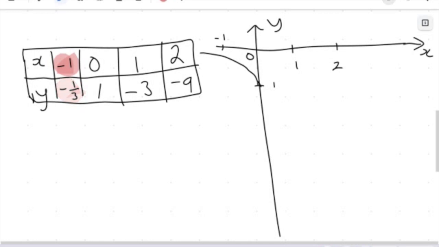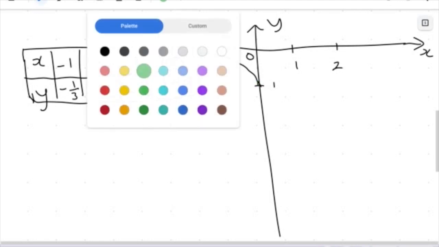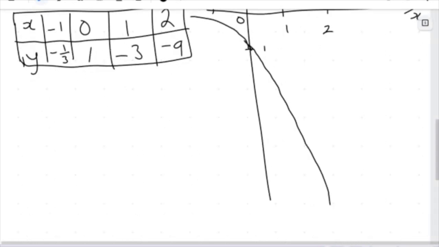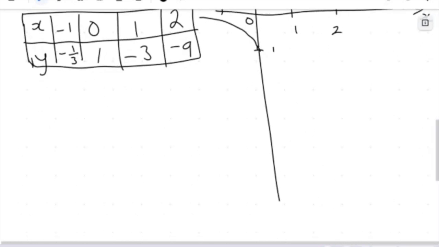That kind of looks about right on this point that I've drawn about here. And then when x is 0, y equals 1. So we have our intercept here. And then this is going to keep going like so.